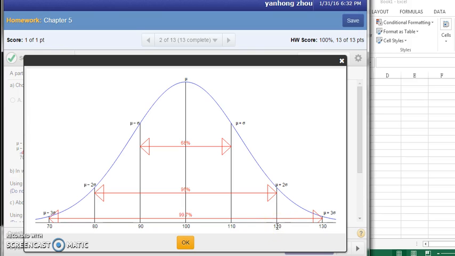And then you also need to look at 2 standard deviations below the mean, 1, 2. So from this number up to this number, you have 95% of the data within that. If you want to find the percent greater than 120, then you can use 100 minus 95, you get 5%, and then you divide it by 2, you get 2.5 on this side and 2.5 on this side.